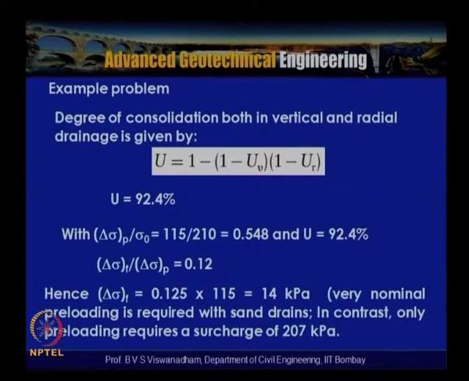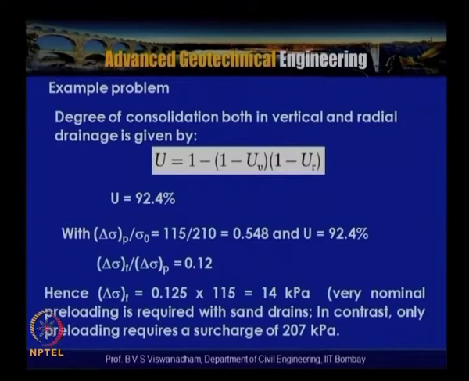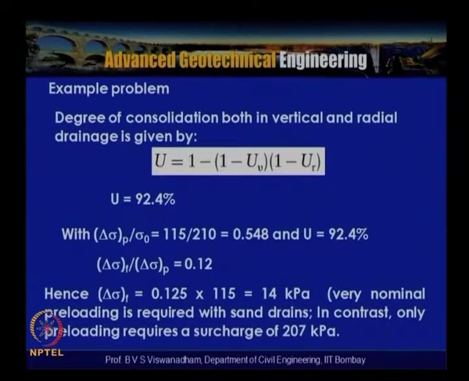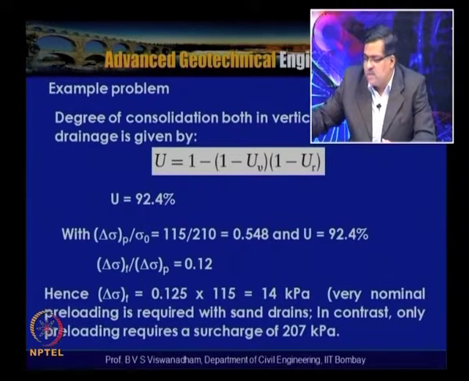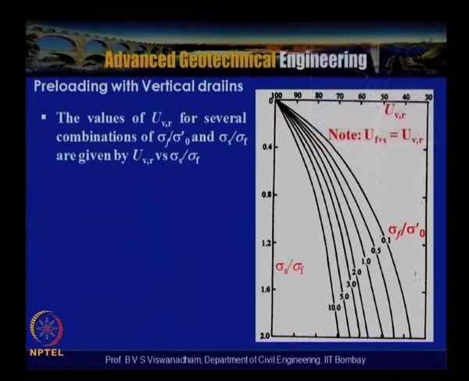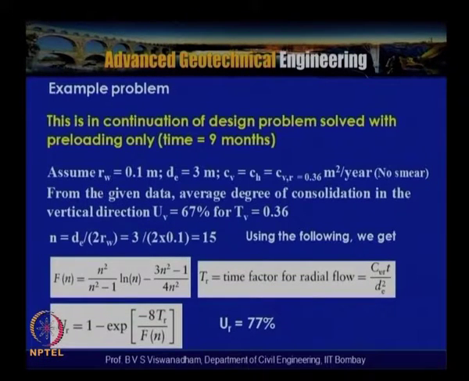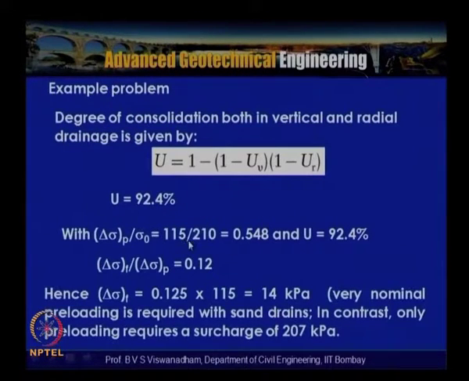Now, after having obtained UV 67% and UR 77%, by using the relation for degree of consolidation in both vertical and radial direction, U is equal to 92.4%. So, U is equal to UVR is equal to 92.4%, and from the given problem we know that delta sigma P by sigma naught, or sigma F by sigma naught, from the previous chart, is 115 by 210, that is 0.548, and U is 92.4.